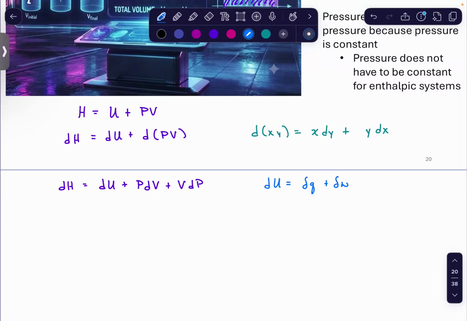Those are deltas. So Q and W are not state functions, so you have to do path integrals to figure them out. We're not going to do that. So just know that those are improper differentials. They're not a complete differential.